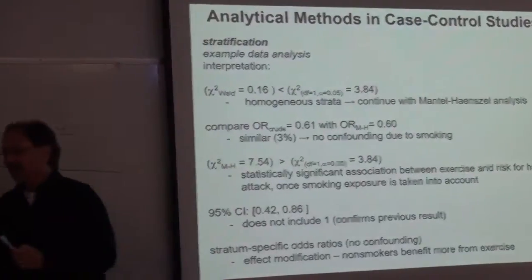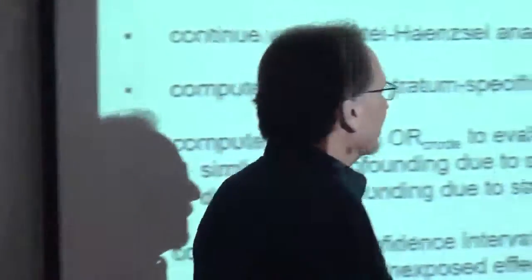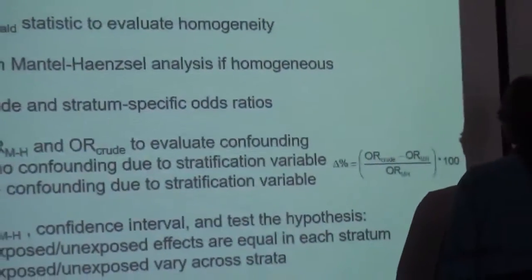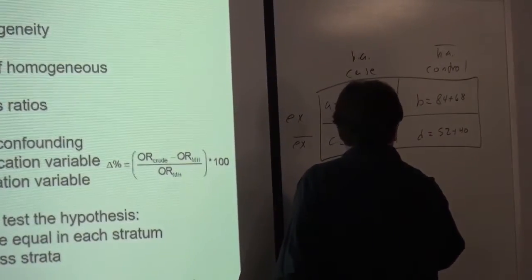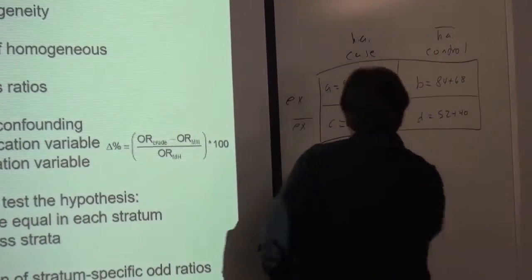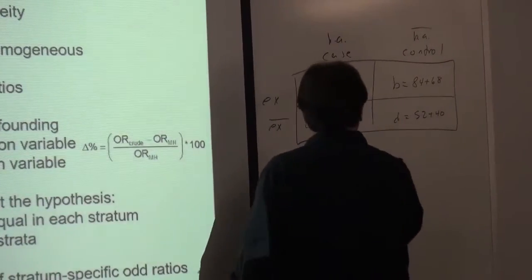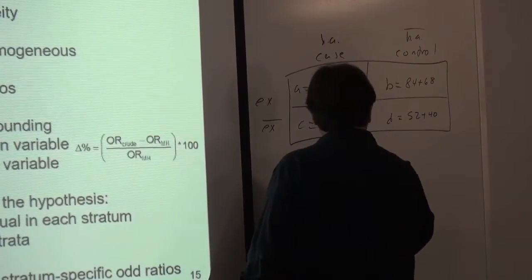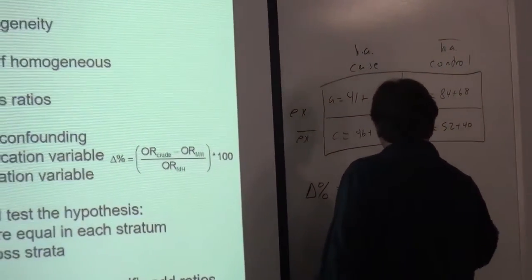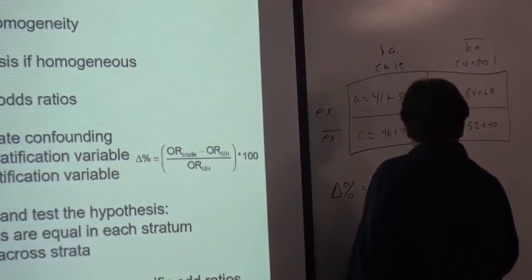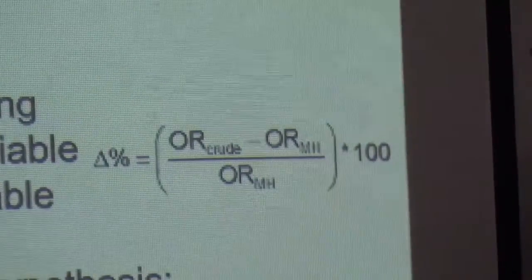Now remember the 3% I got from the odds ratio of crude minus the odds ratio of Mantel-Haenszel, over the odds ratio of Mantel-Haenszel, times 100.